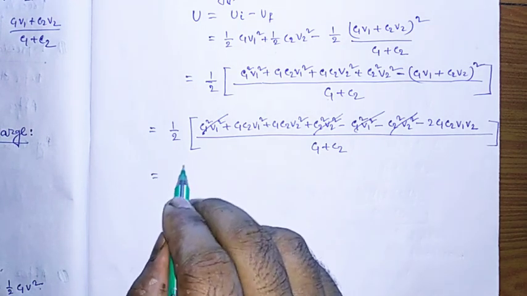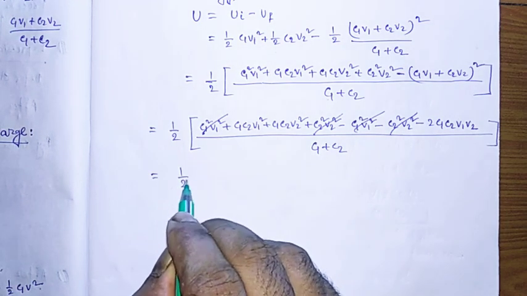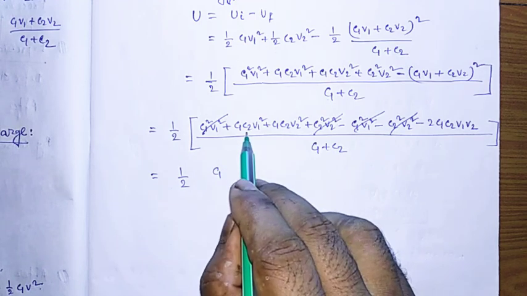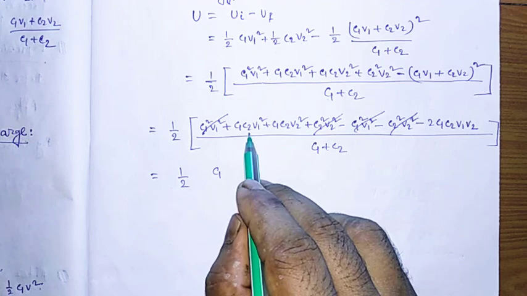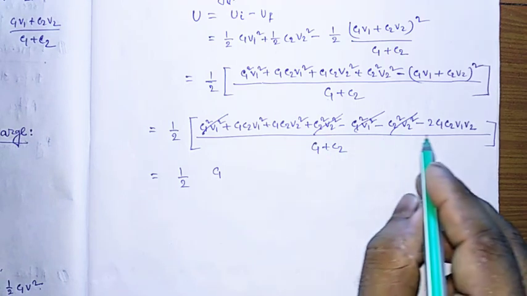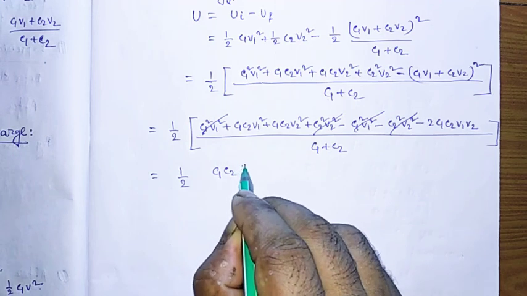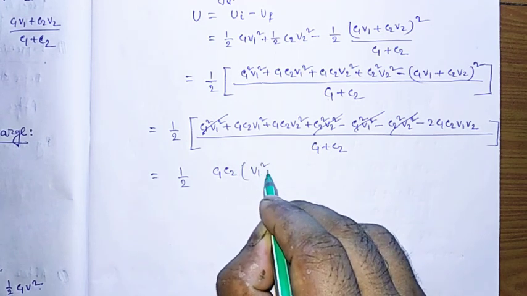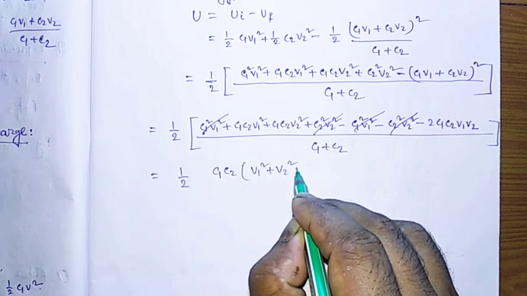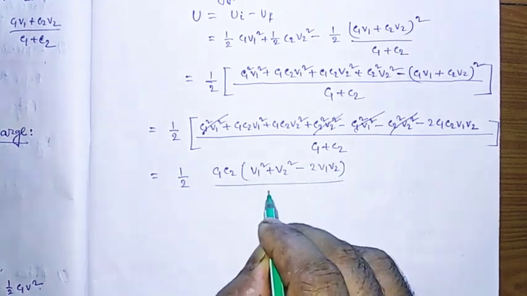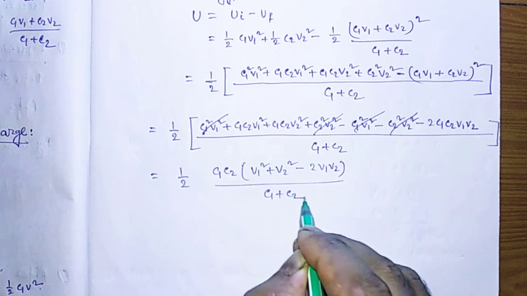So we can write it equal to half, and C1 C2 is common in both cases, so C1 C2 (V1 square plus V2 square minus 2 V1 V2) divided by (C1 plus C2).